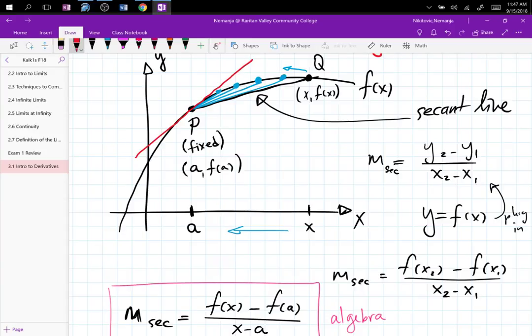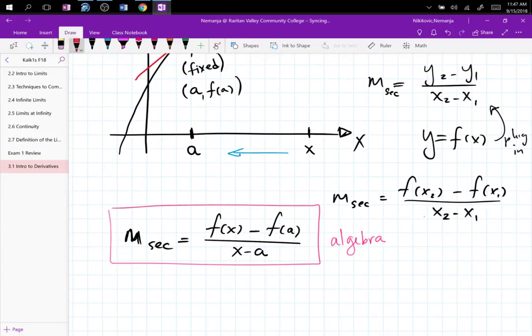We will have all of the blue line slopes to the left and all of the blue line slopes on the right. So we use the limit to calculate the slope of the red line, which is where algebra fails.